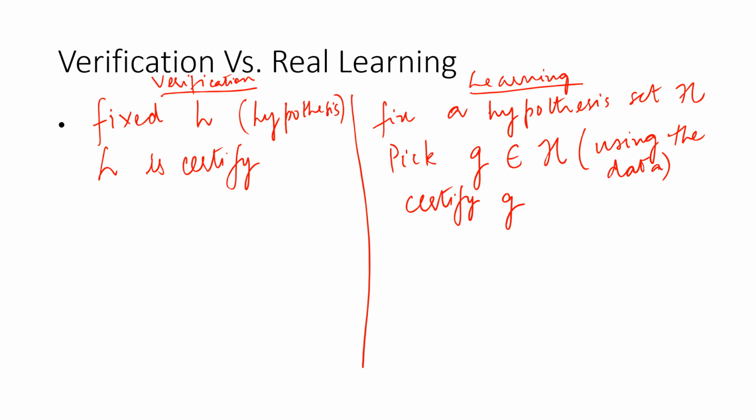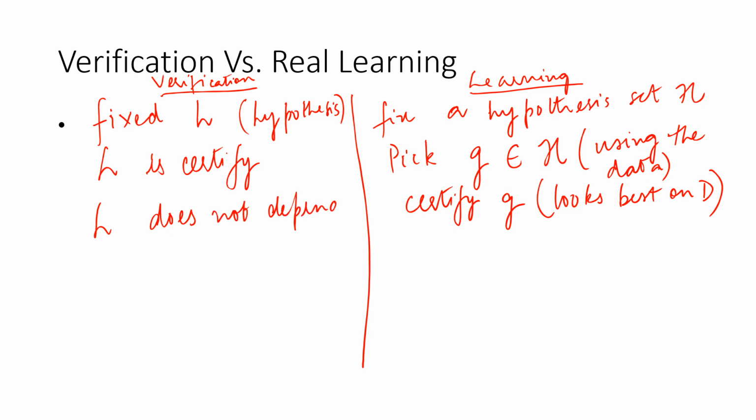So basically pick a G that looks best on the data, looks best on D. Okay. Now, here we saw that H does not depend on data, right? It does not depend on data because we picked it before actually looking at the data. But here G depends on data. G was in fact picked from the data.